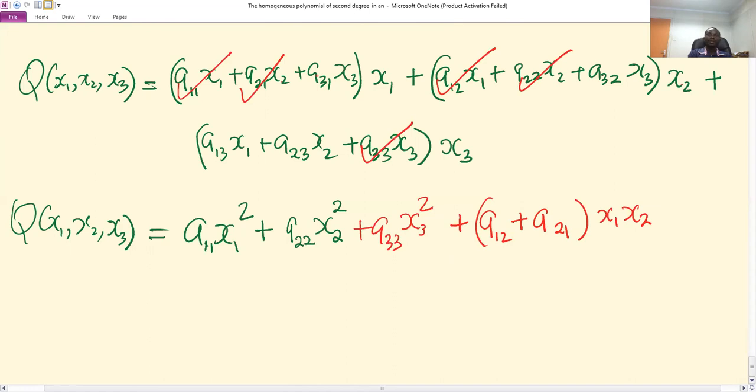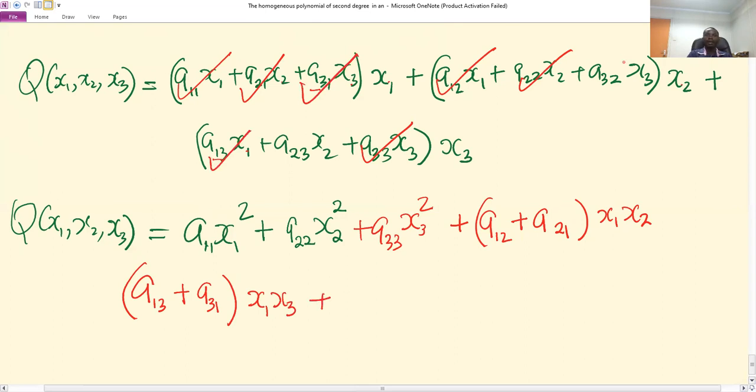And then this one here, a31, this will be x3 x1, and then here I'll have x1 x3, do the same thing. So I'll have a13, this one here, plus a31, this one here, and then you multiply by x1 x3. So I've taken care of this, I've taken care of this.